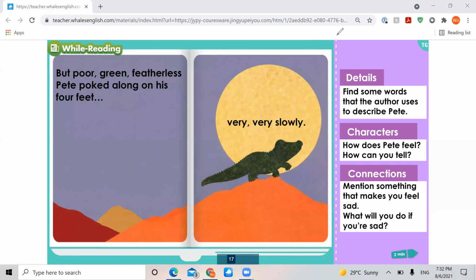How do you think Pete feels? I think so too. Can you tell me what features or what words help me know what features Pete has? That's right, green, featherless, and 4 feet.